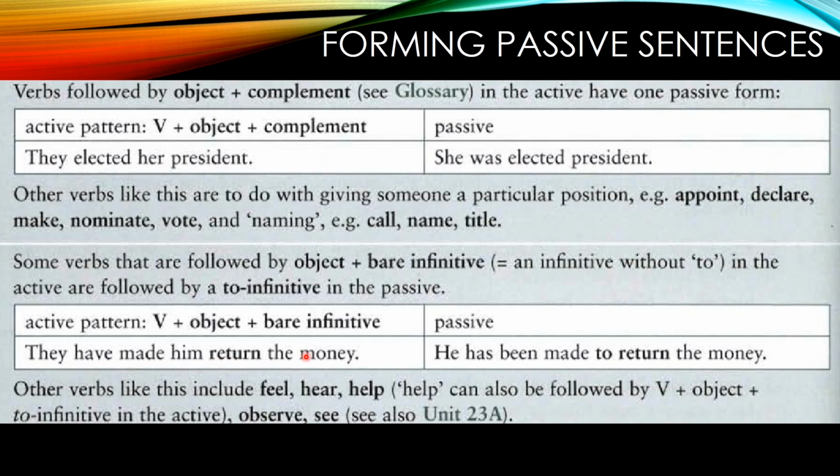But in the passive voice, the particle to appears, so we have he has been made to return the money. Other verbs like these are feel, hear, and help, but help can be used with both variants in the active. Please know that. Observe and see.